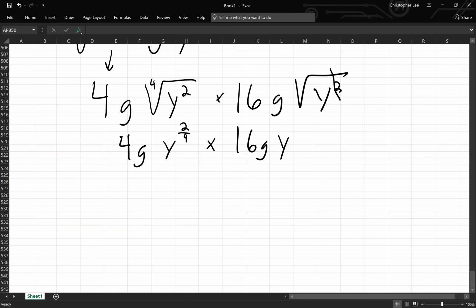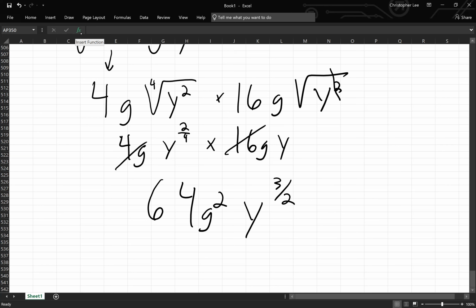And then we're multiplying these, right? Remember, numbers with numbers, variables with variables, all that good stuff, right? So 4 times 16 is what? So 64 G squared. Then you're gonna have y to the, what's that, 1/2 plus 1 is like what, 3/2? Something like that.